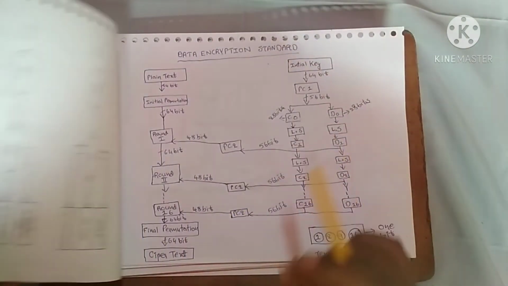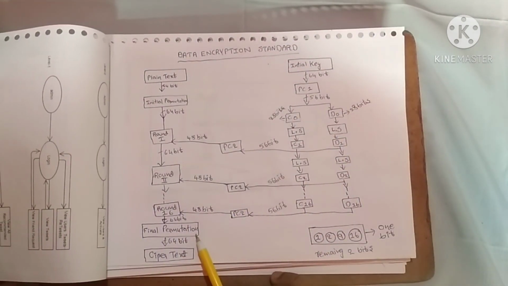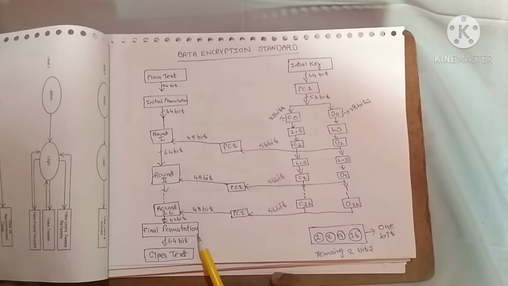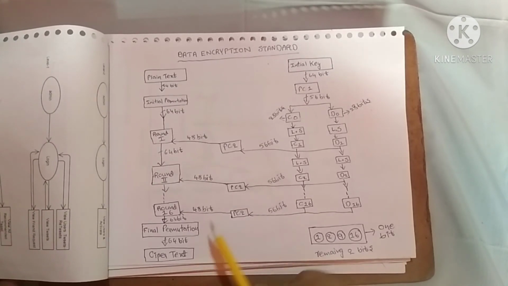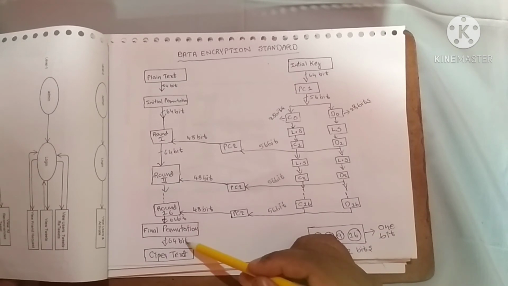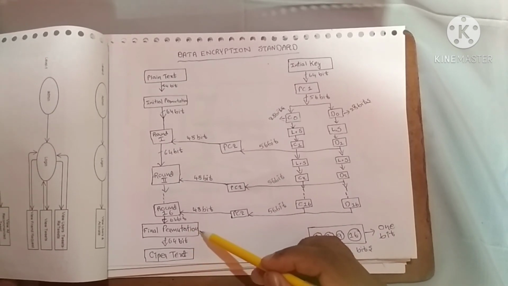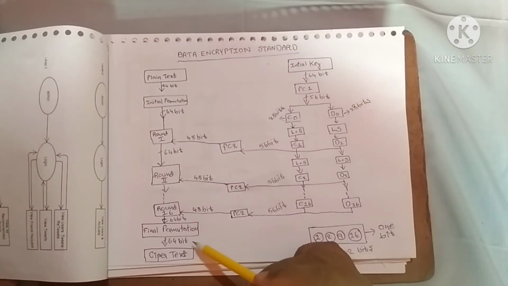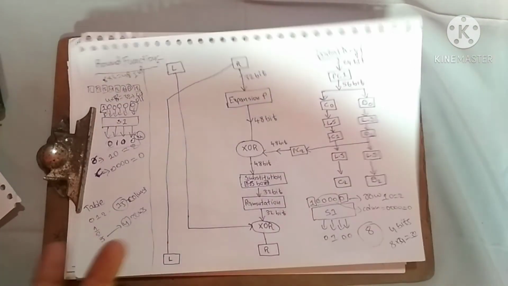Okay, the role of the permutation is rearranging the bits in the text. After that it won't do anything, 64 bit input and 64 bit output, but rearranging the order of the plain text bits. So finally it produces ciphertext.